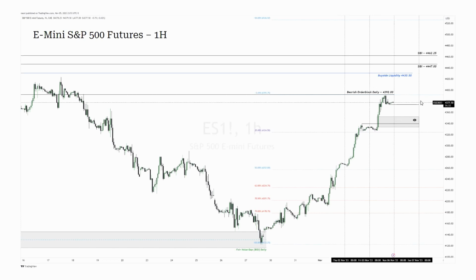But for now, I'm looking here, most importantly, this range, and whether price just ramps up and takes out buy side and then uses this range. That could happen too. But for the most part, this has my eye, and buy side liquidity has my eye.